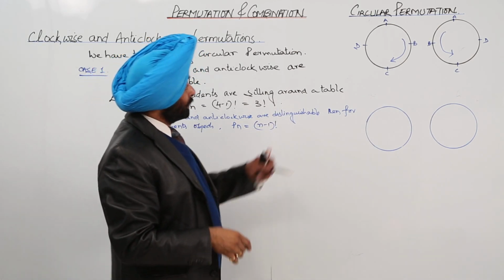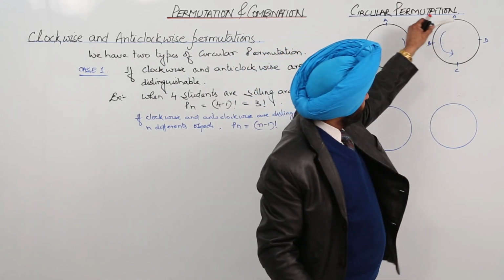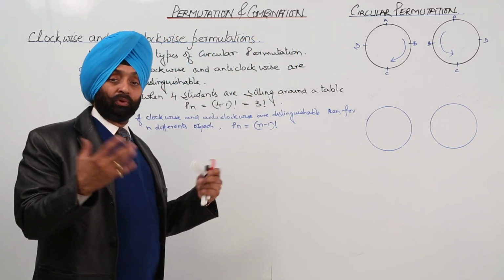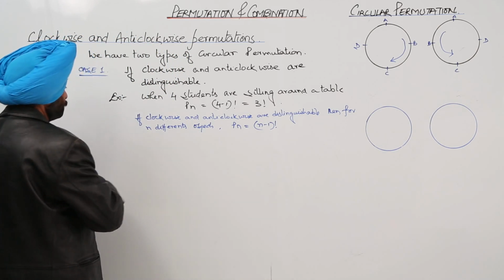Okay. So either they are sitting A, B, C, D like this one, or they are sitting A, B, C, D like this one, it hardly matters because all the 4 are different. Okay. Now case 2 can be now.